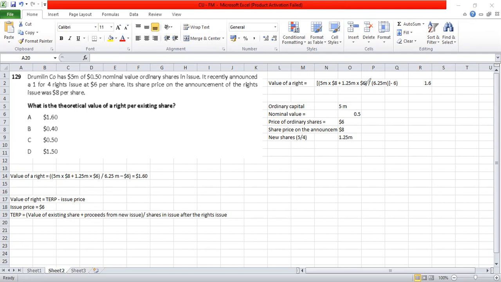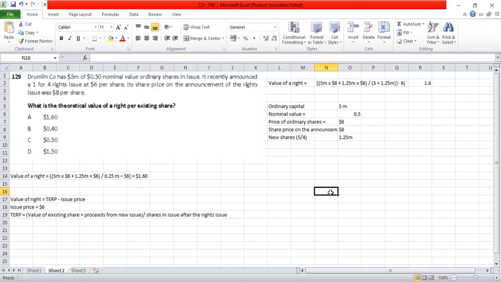So this entire thing is divided by all together 5 plus 1.25, which is 6.25. The number of shares are 5 plus 1.25 million.